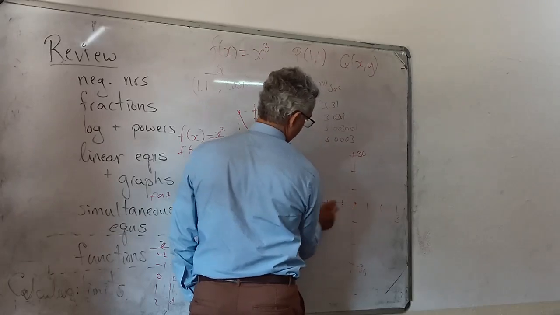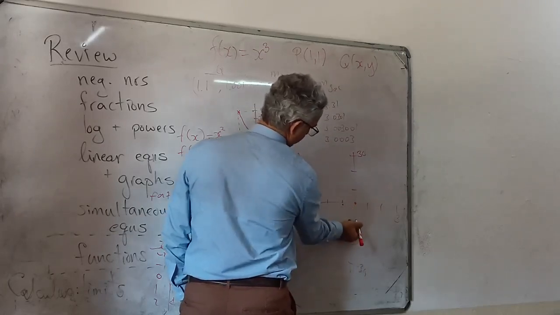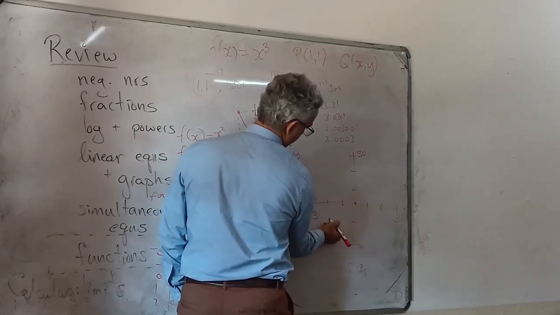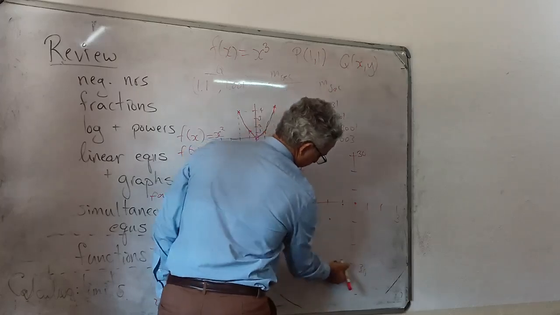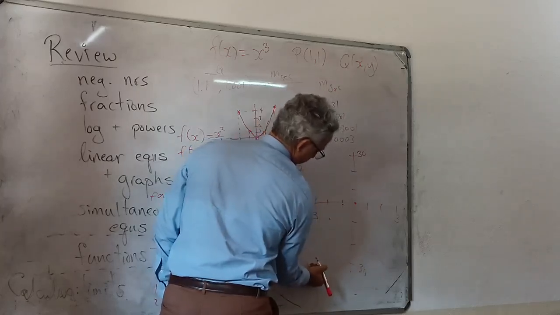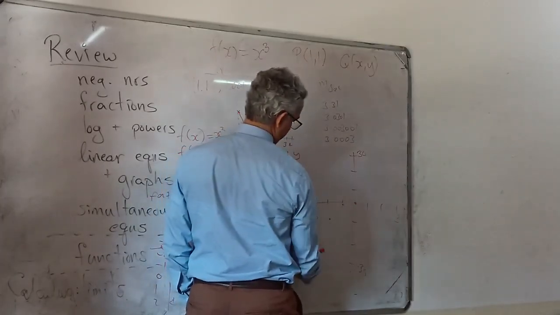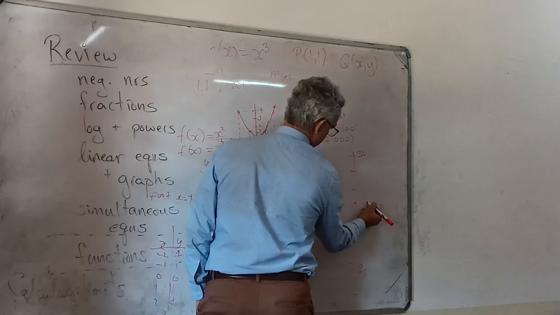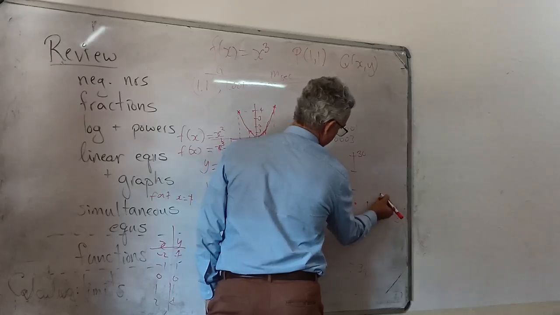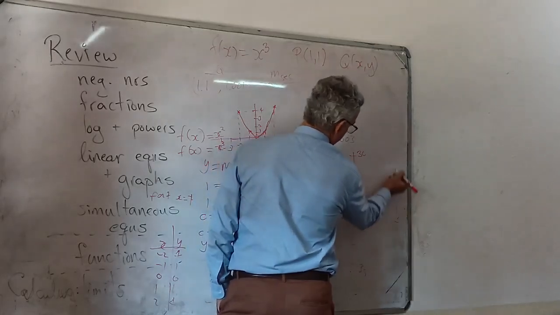At minus 2, we have 8, which is up there. And at minus 3, we have 27, which is about here. And then it's symmetric, just the signs change. So 1, 1, 2, 8, 3, 27.